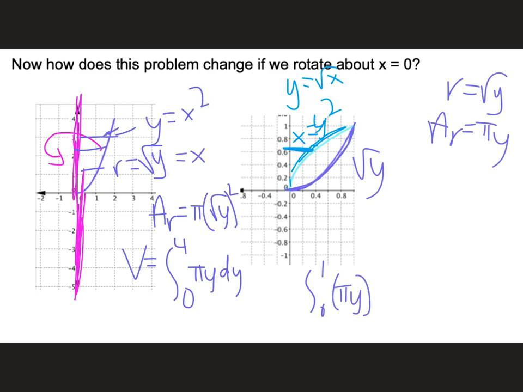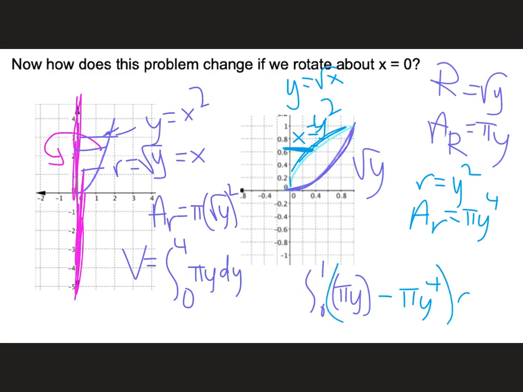This one before is the big radius, not the little radius, because it's farther away from the vertical axis there. And then this other one is the little radius. The little radius is y squared. The area of that is pi times y squared, squared. So minus pi y to the 4th dy.